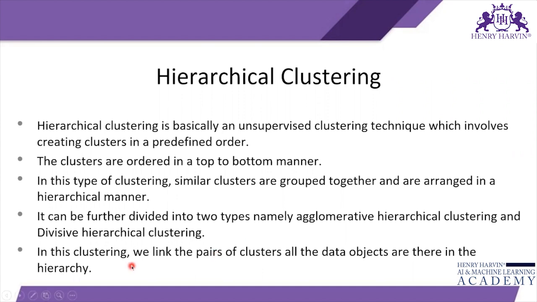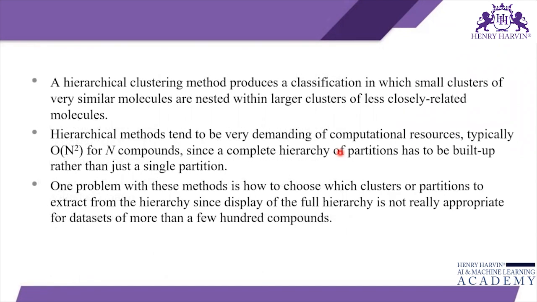In this clustering we link the pairs of clusters. All the data objects are there in the hierarchy, so we try to put the pairs of clusters and all the data objects in a hierarchy format to find out the clusters. A hierarchical clustering method produces a classification in which small clusters of very similar molecules are nested within large clusters of less closely related molecules.